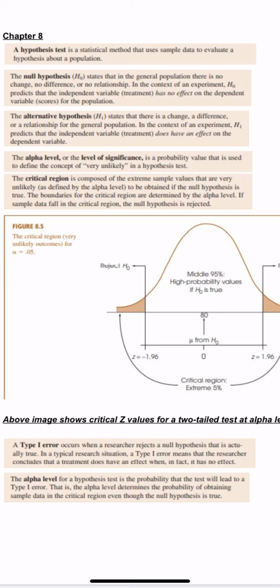The alternative to that, the alternative hypothesis, labeled as H1, also known as a research hypothesis, states there is a change, a difference, or a relationship for the general population. In the context of an experiment, H1 predicts the independent variable, the treatment or the manipulation, does have an effect on the dependent variable, and not only an effect, but a significant effect.